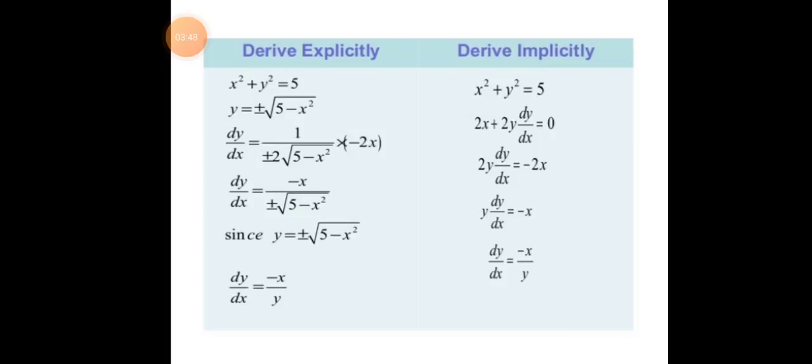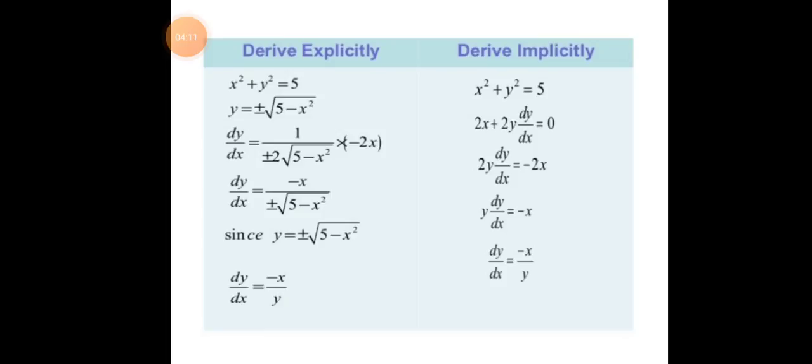Then derive implicitly, this one. So, x squared plus y squared equals 5. So, 2x plus 2y dy divided by dx equals 0. Then 2y dy divided by dx equals negative 2x.